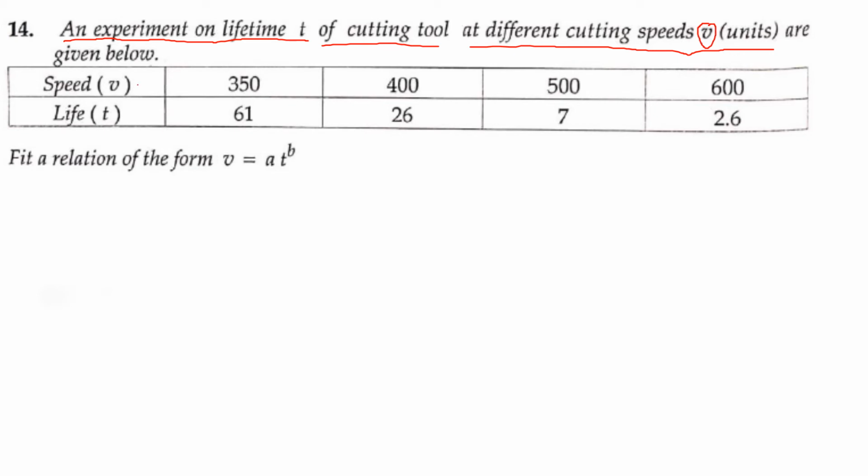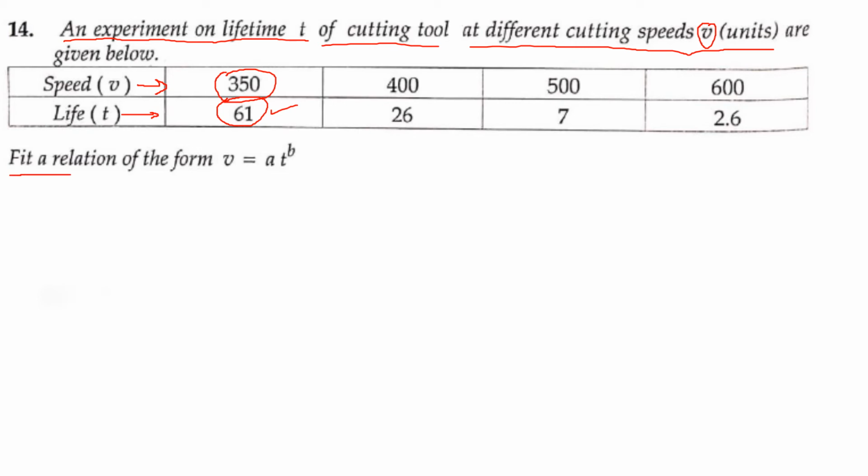If the speed v is 350 units, then the lifetime of that cutting tool will be 61. They have not mentioned here days, time, or what unit for time. We are not bothered about that. What they are asking, let us see.